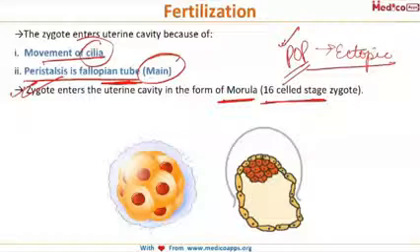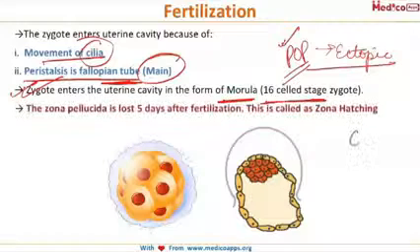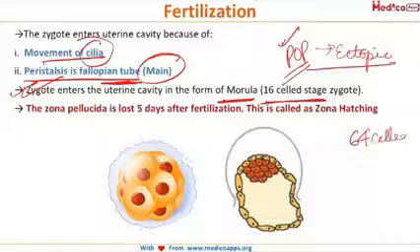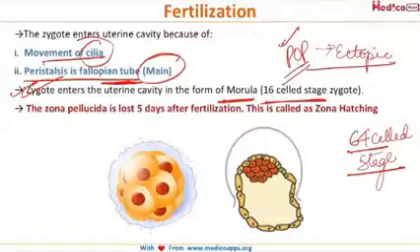Now, on 4th and 5th day, the cell division continues and it reaches a 64 cell stage. Here, the morula is covered by a film of mucus. Fluid passes through the thin canaliculi of the zona pellucida, which separates the cells of the morula, and it is then called blastocyst. Cyst because it is a fluid filled cavity now, so it leads to the formation of blastocyst.